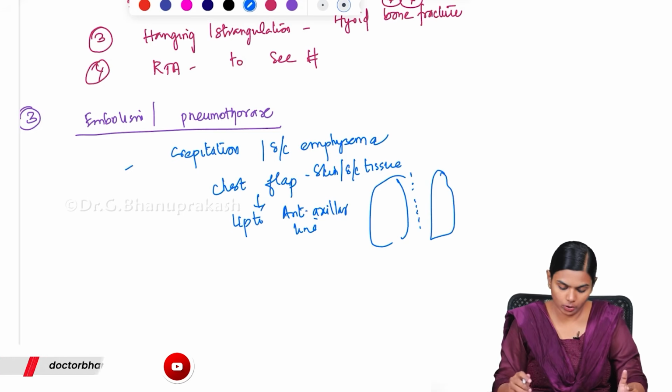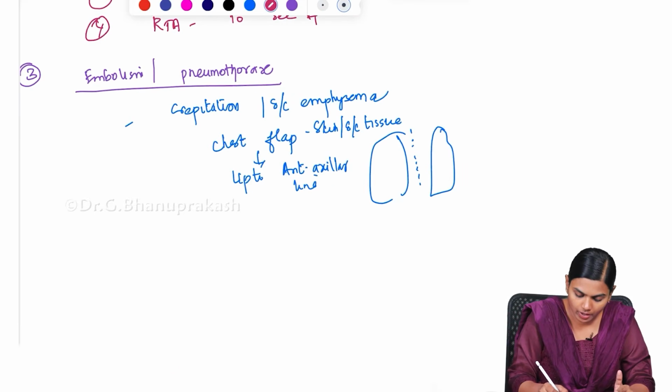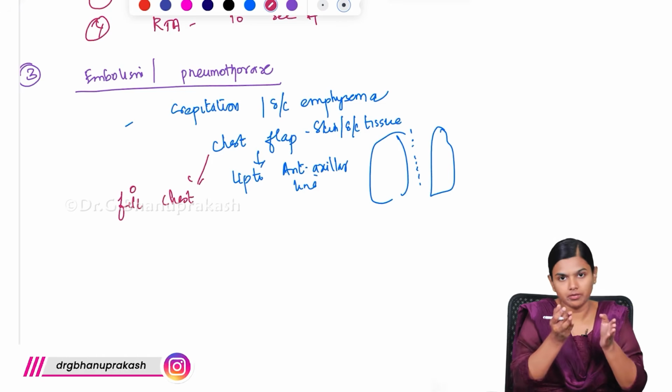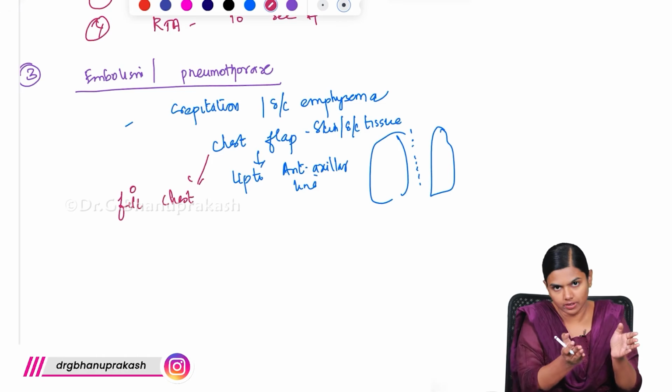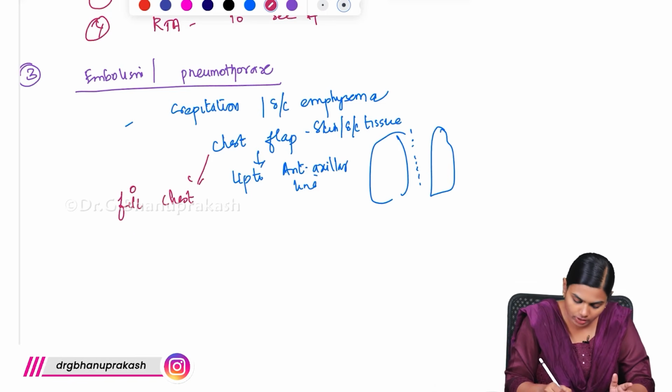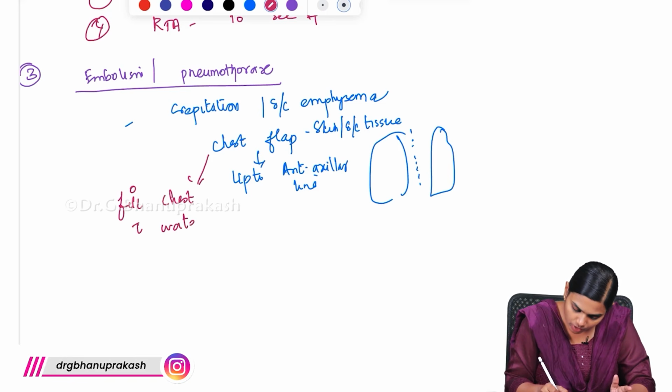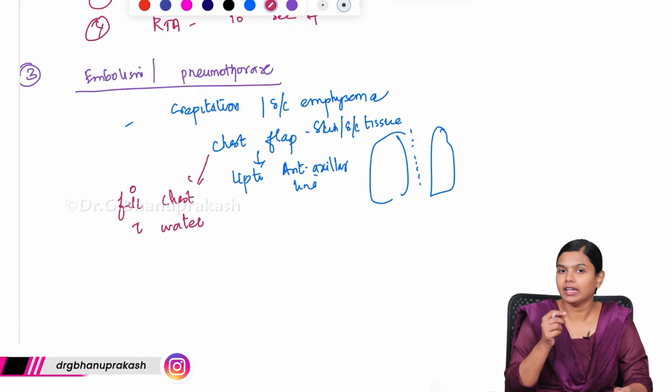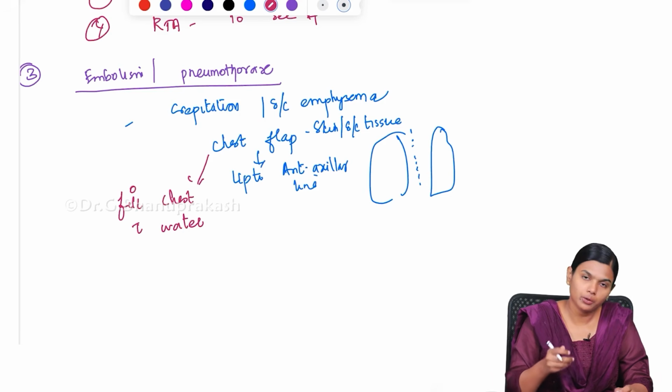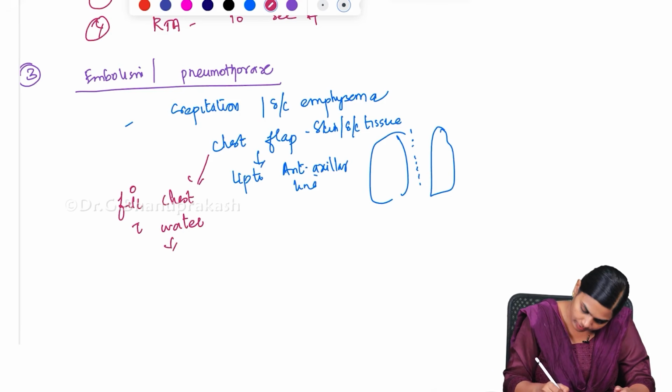So, it should be carefully done. And once you raise the flap, you have to fill the area between that skin and the chest wall with water. Then carefully you have to put the incision under water.